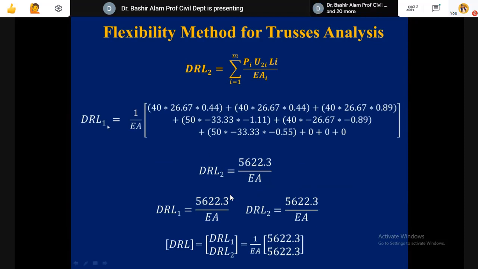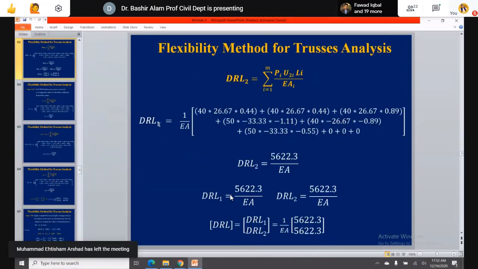This should be DRL2, so here we need to make this correction. This is DRL2 now. From all the members, lengths are involved, their P values are involved, and their U2 values are involved. EA is constant. So DRL2 is coming 5622.3. DRL1 and DRL2 values are coming the same.